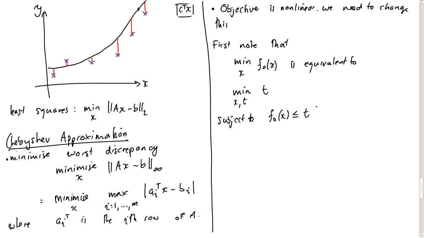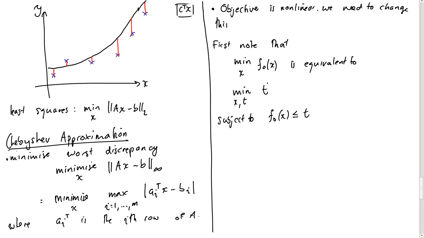This is another point in the video where you may want to pause and think about that for a second. I'm saying that minimizing the objective function is basically the same as minimizing an upper bound on the objective function. That's another way of thinking of it.